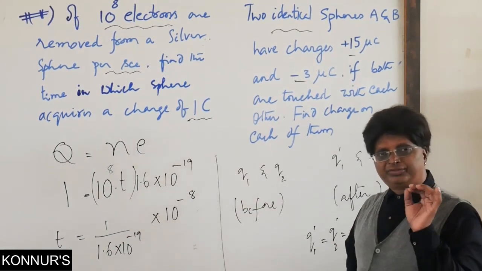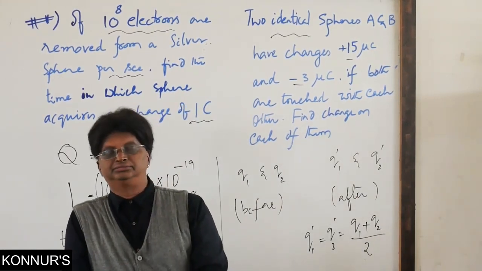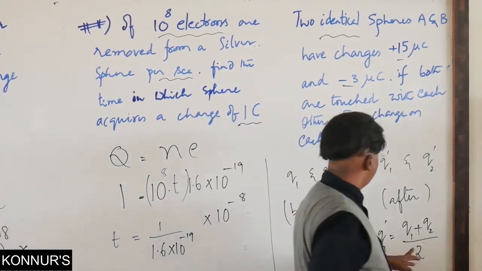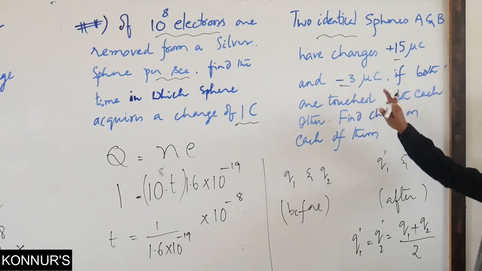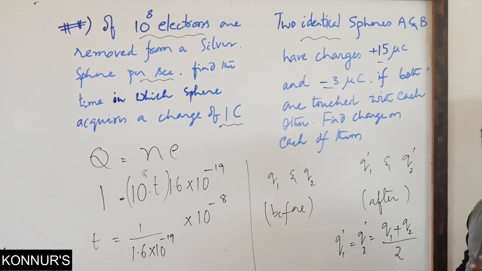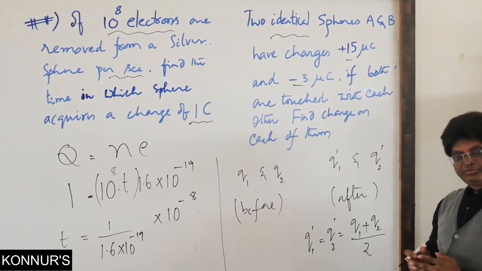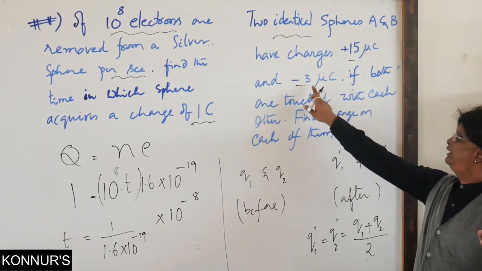I am giving this example for 2 to 3 important things. What are those important things? First one is, when we are writing (Q1 plus Q2) by 2, Q1 is plus 15, Q2 is minus 3. This is the additive property of charge, to remind you, number 1. Additive property: we use the magnitude along with the sign.